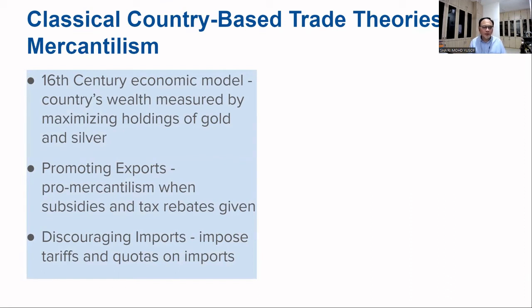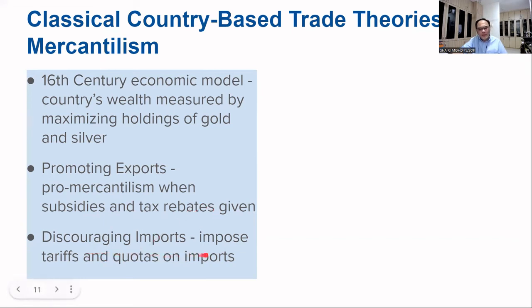During this stage, the pro-mercantilists wanted to promote export. They try to export as much as possible and minimize imports as much as possible. When they promote exports, they provide subsidies and tax rebates for their domestic industry or domestic firms.